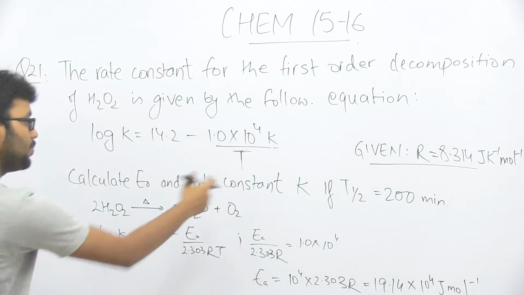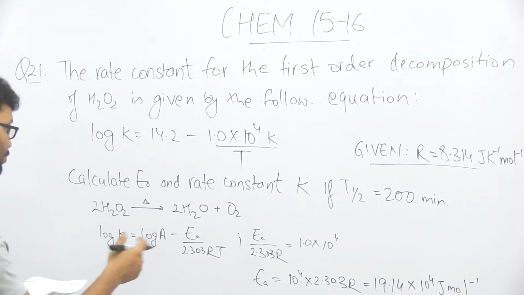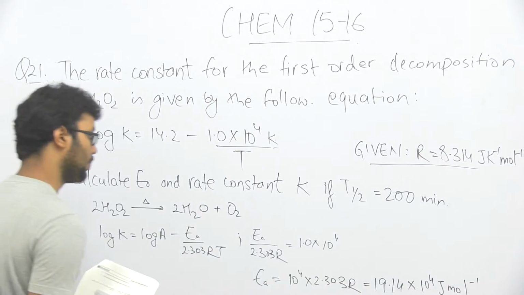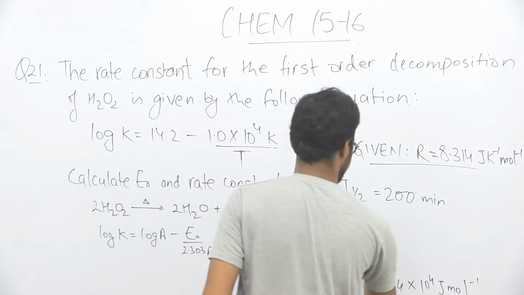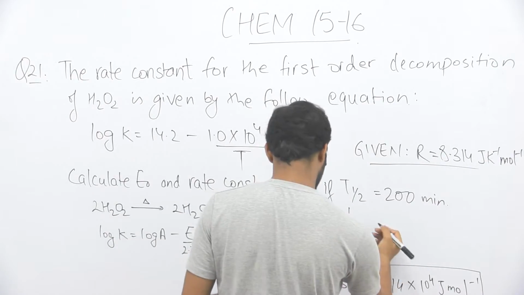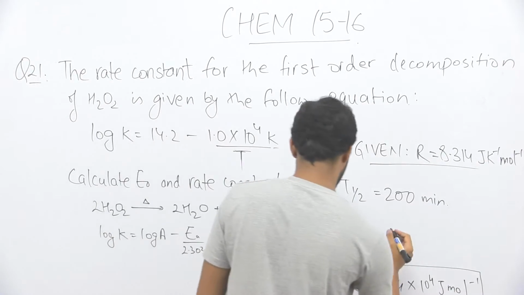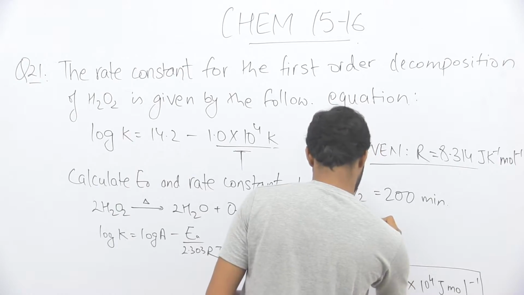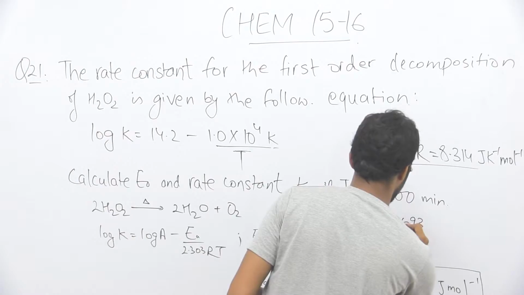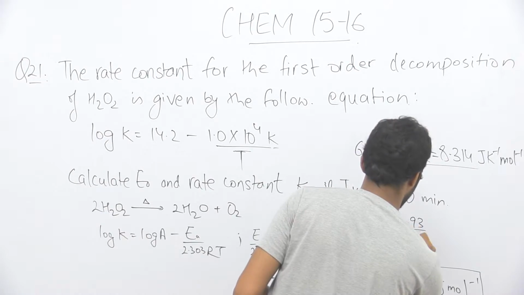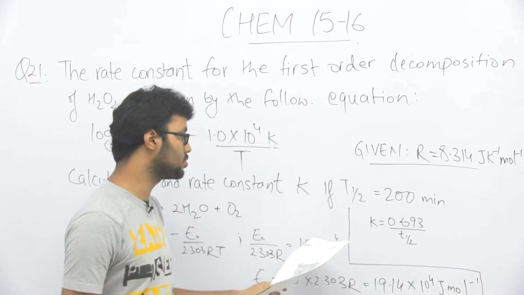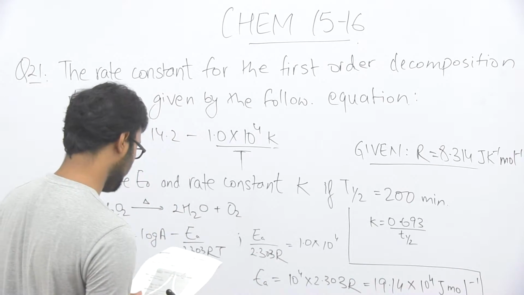Now we have to find the value of K if T half is given as 200 minutes. We note that K is 0.693 over T half. We know this equation, K is always equal to 0.693 over T half.